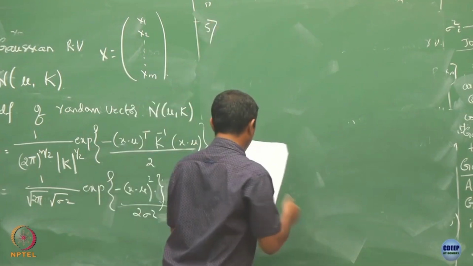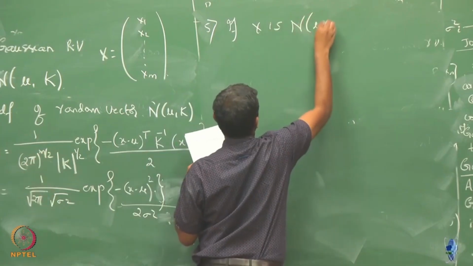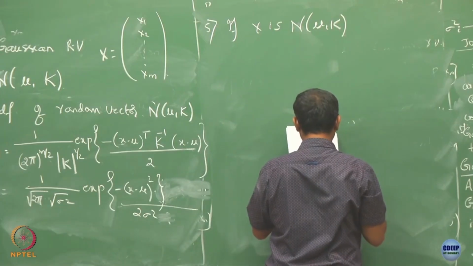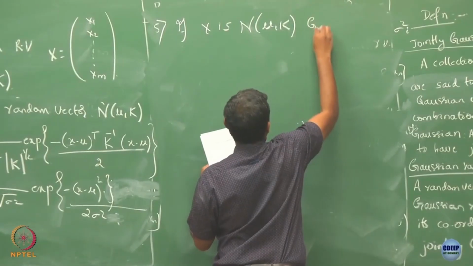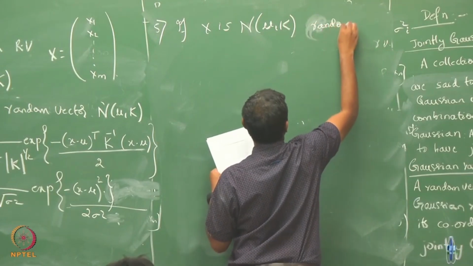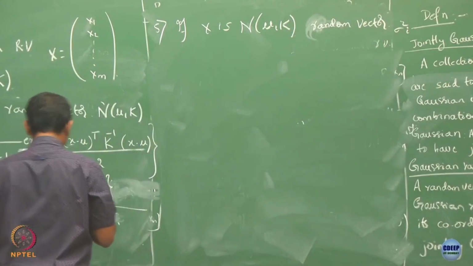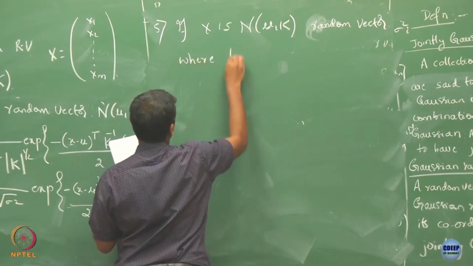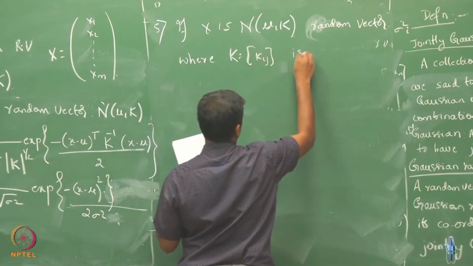Now, this is one last thing I want to say. If x is N(mu, K), a Gaussian random vector, where K is diagonal.